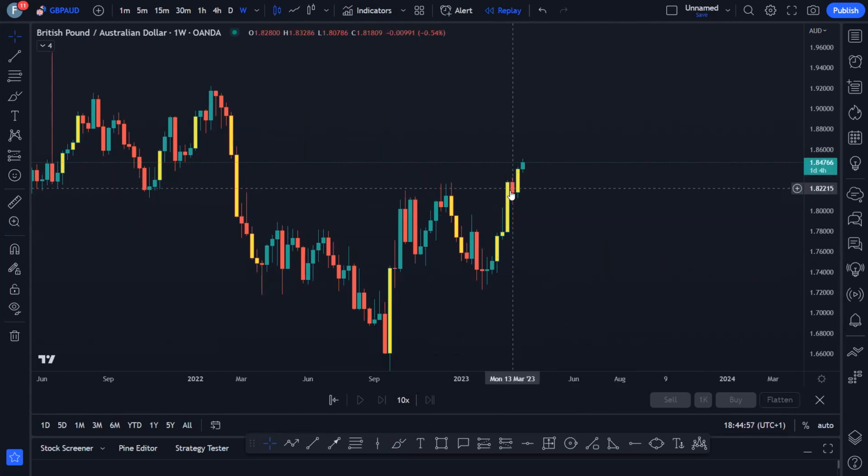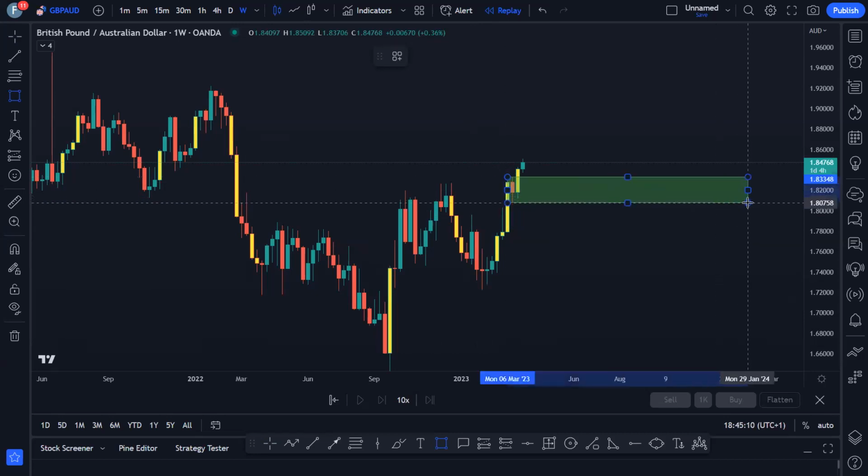So we have this zone at the flip zone here, like so. This is a demand over here, and also look at this zone.